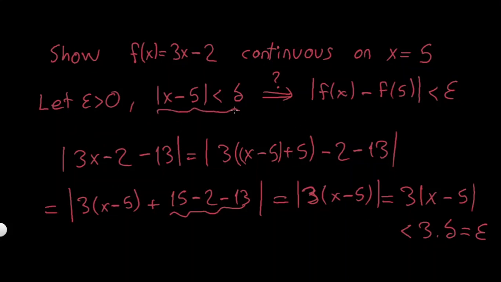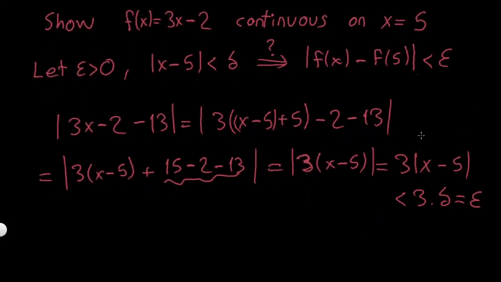I also use this info whenever |x minus 5| is less than delta. So I found that this thing is less than 3 delta. So if I say this thing is equal to epsilon, I will have this is less than something, and in the end that something is equal to epsilon. So I have this thing is less than 3 delta, and so my definition holds.